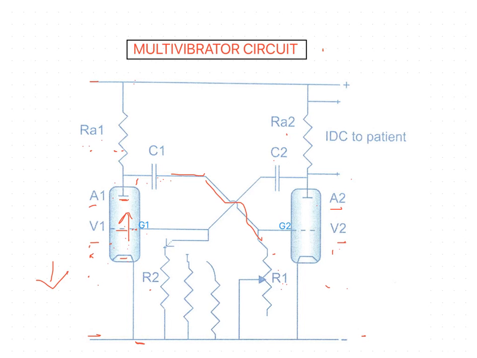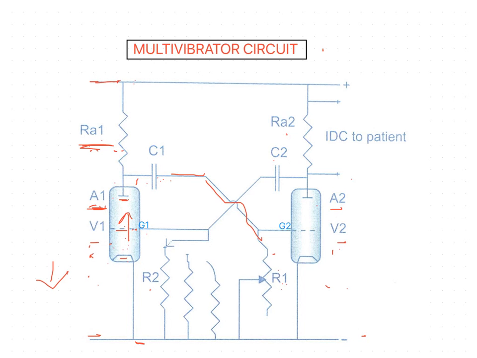The resistance of the valve is going to increase, and when this occurs, the potential difference across it rises, and that across RA1 is going to fall. The potential difference between A1 and the positive supply line is reduced.